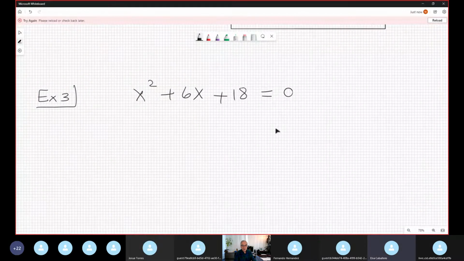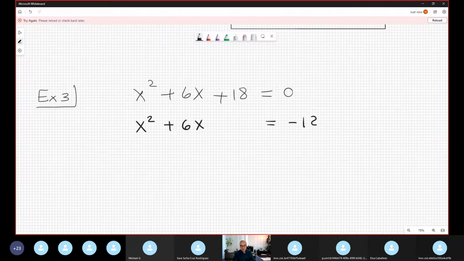You need to move 18 to the other side. Exactly. Now ready to complete the square. This is the manipulation I want to see.